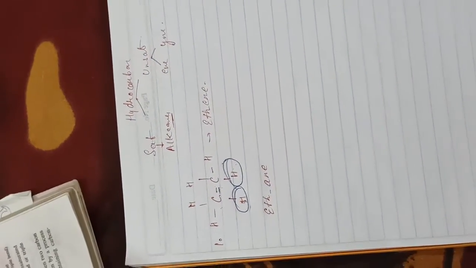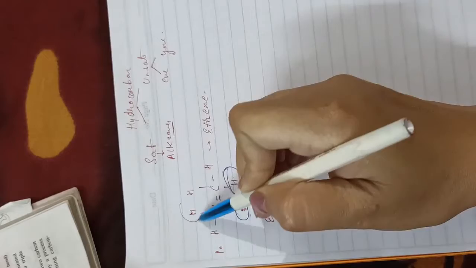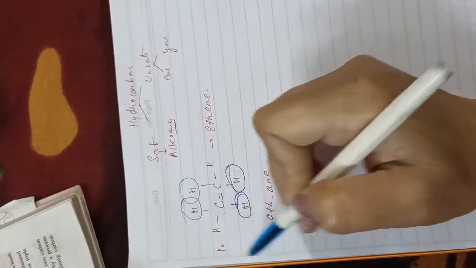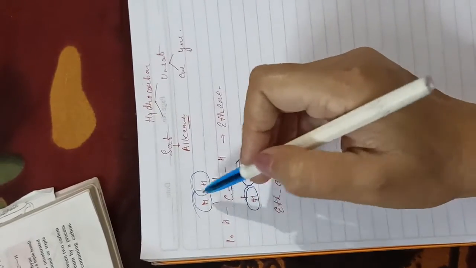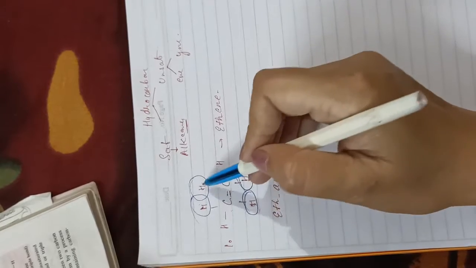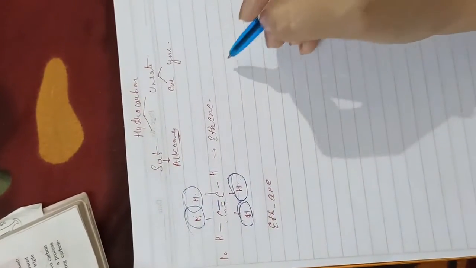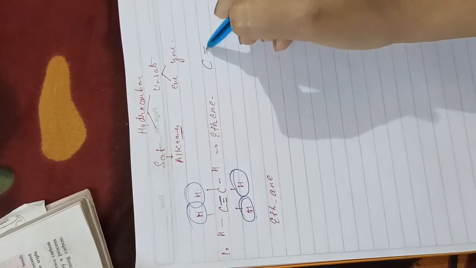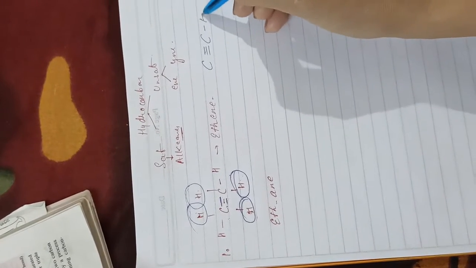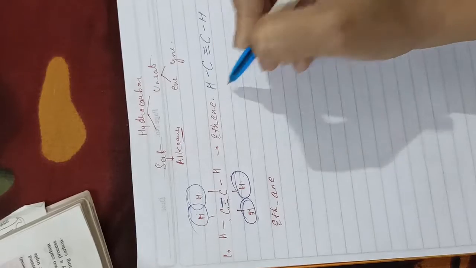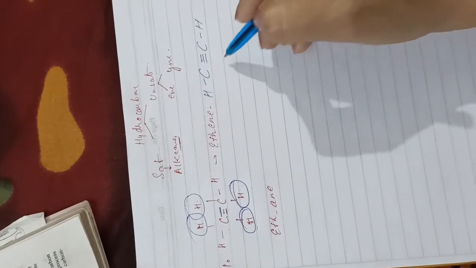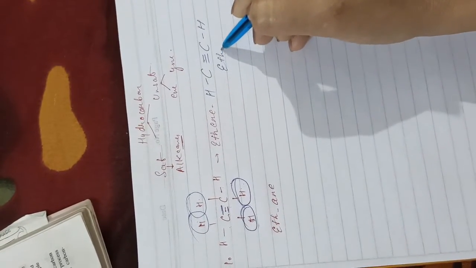Again I remove another hydrogen from each carbon, forming another bond, so C triple bond C, H and H. It forms ethyne.